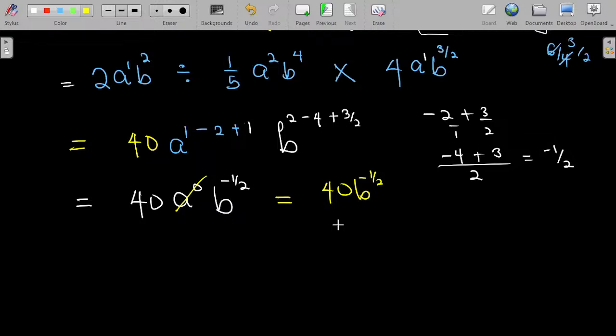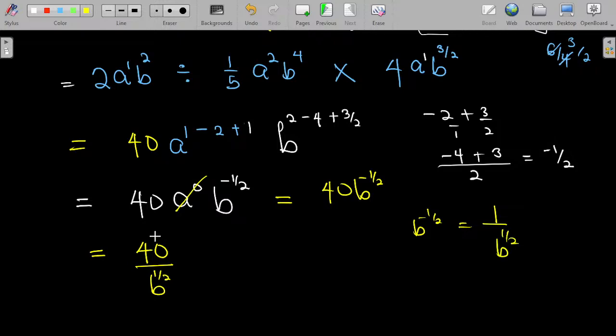The reason is because we can write your answer in different forms. So this 40B raised to power minus half can actually be written as 40 all over B raised to power plus half. Why? Because power minus half is the same thing as 1 over B raised to power positive half. I hope you are following me now.